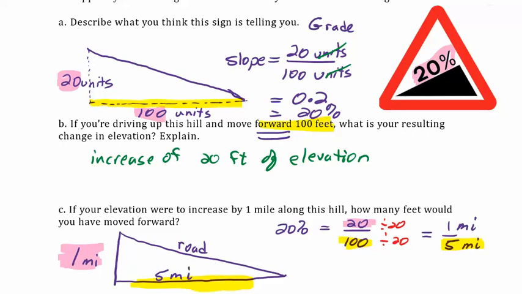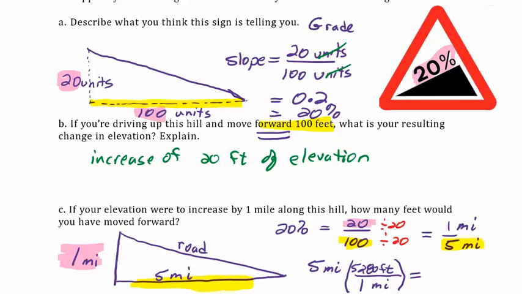Now let's go back and read the question. The question was, how many feet would you have moved forward? So now we need to convert our 5 miles into feet. If you don't remember, you're going to have to look up the conversion factor for feet to miles. And that was 5,280 feet in every 1 mile. So there's our unit analysis that we learned how to do before, right?